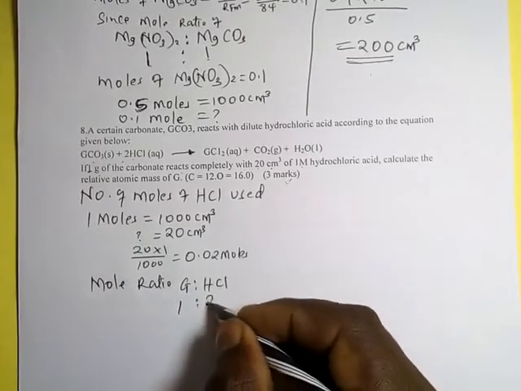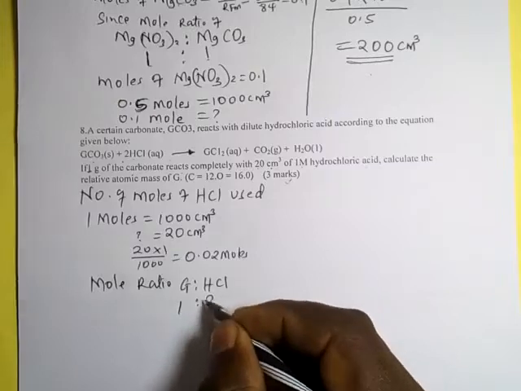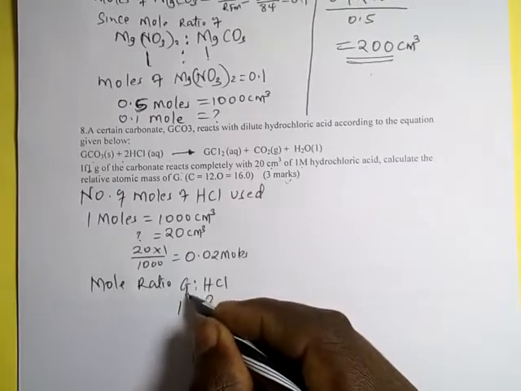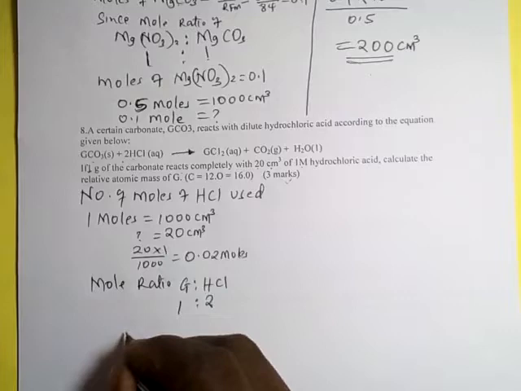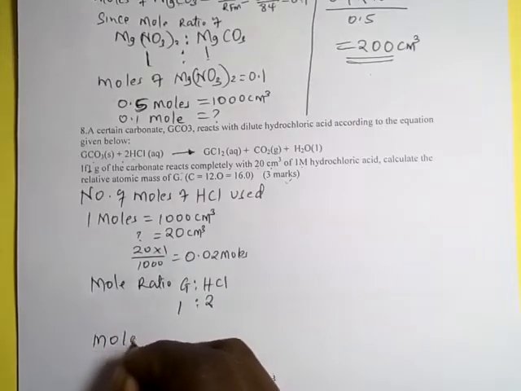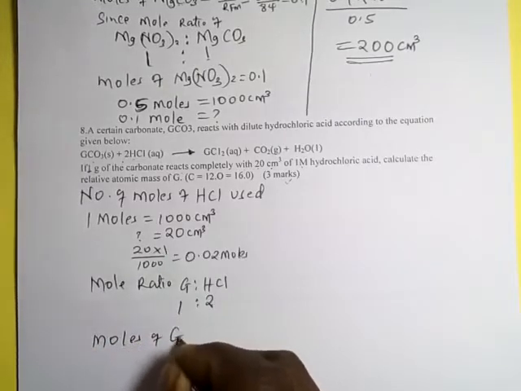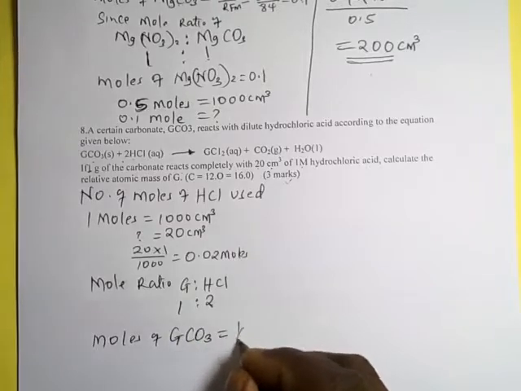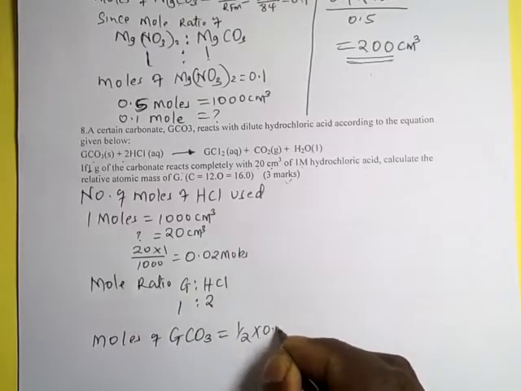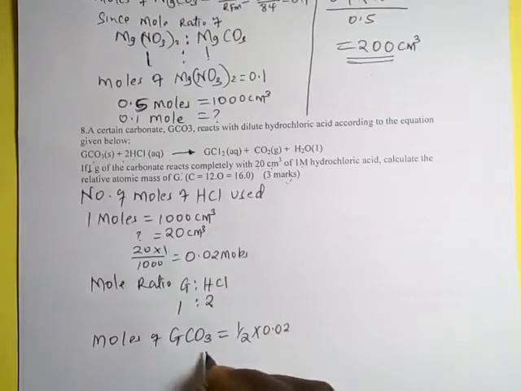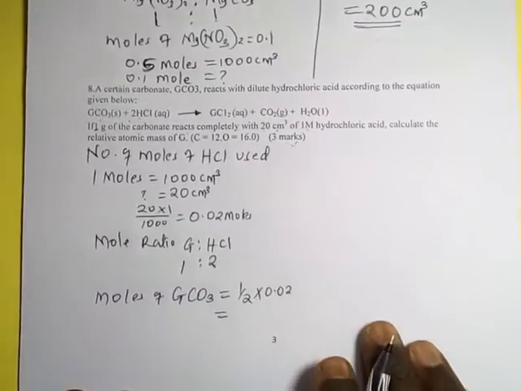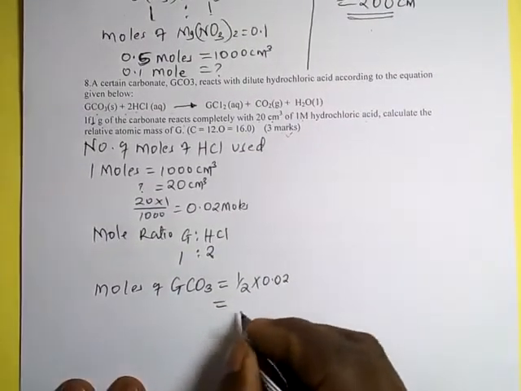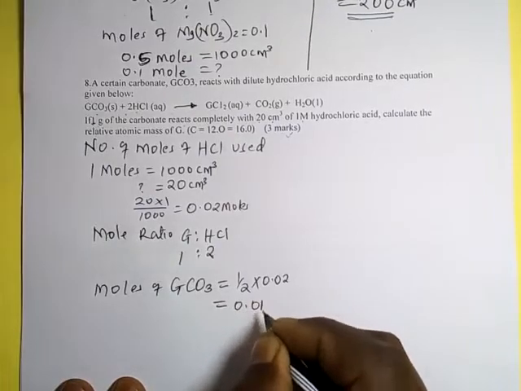So if the number of moles of HCl is twice, we are going to divide by 2. So moles of the G carbonate is equal to a half times 0.02, which is equal to 0.01.